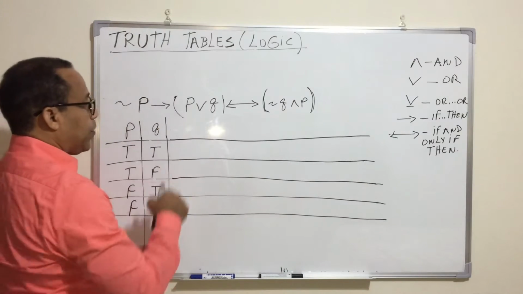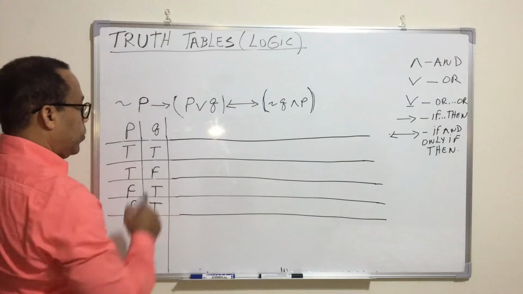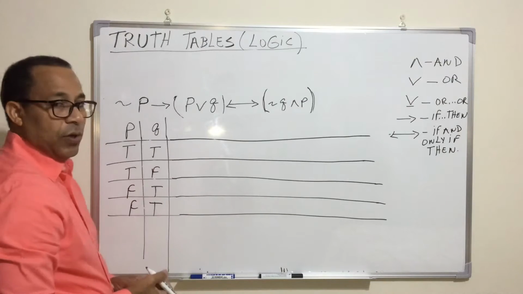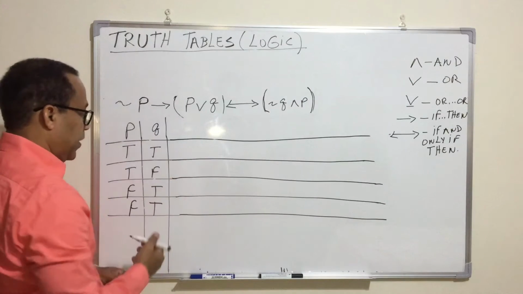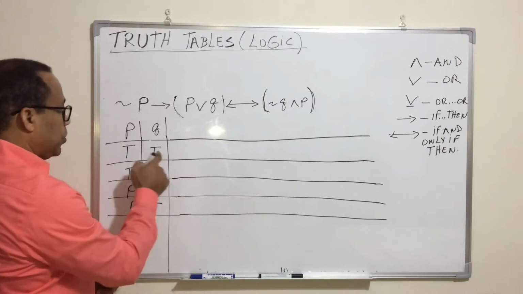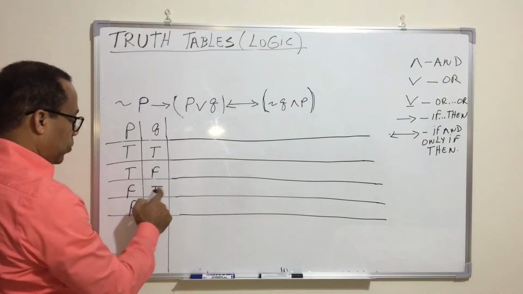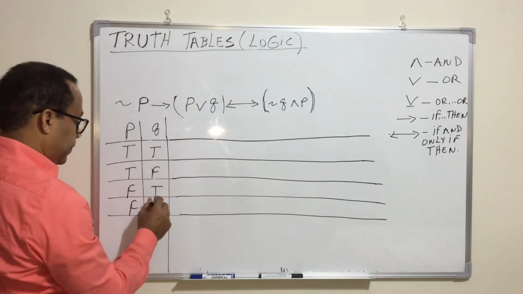The first two variables are P and Q, and the combinations that we already know. These combinations never change: true and true, true and false, false and true, false and false.